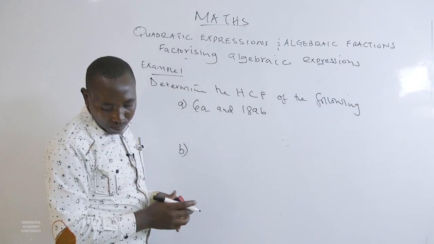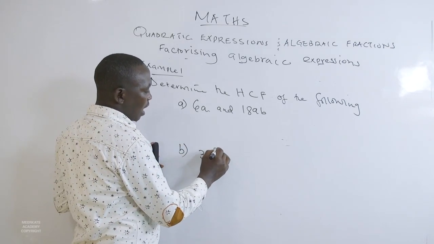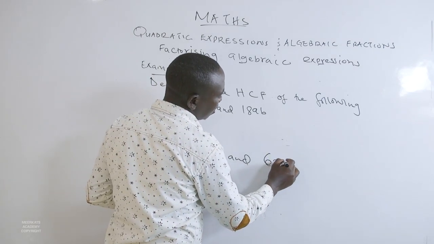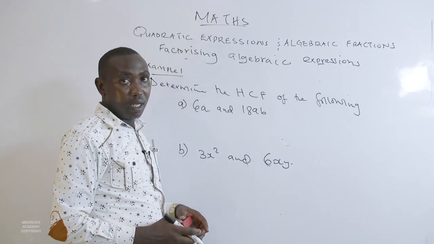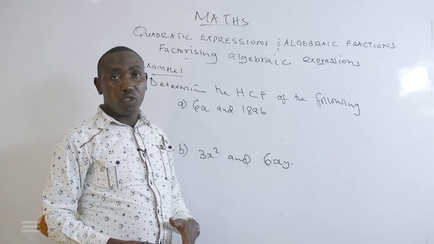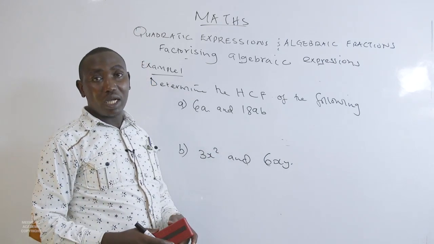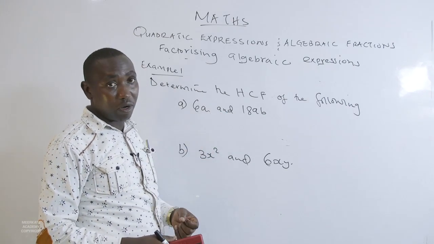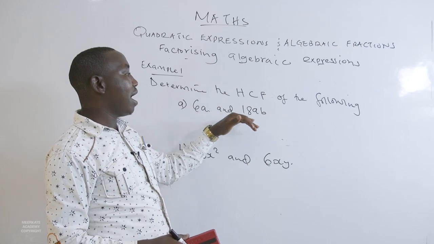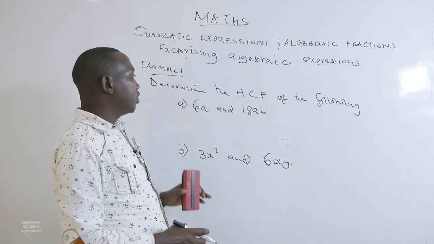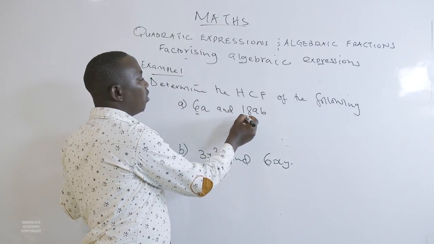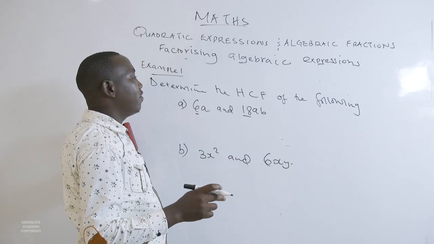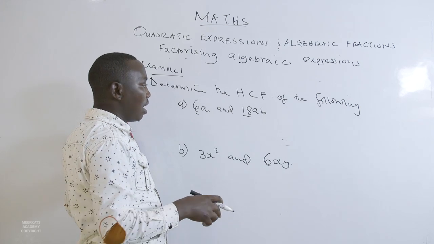Then number B, we have 3x squared and 6xy. It's very easy to identify the common factor, especially when we have numbers and pronumerals. So in the first case, we have 6a and 18ab. On the numbers we have 6 and 18, which give us one of the highest common factors.